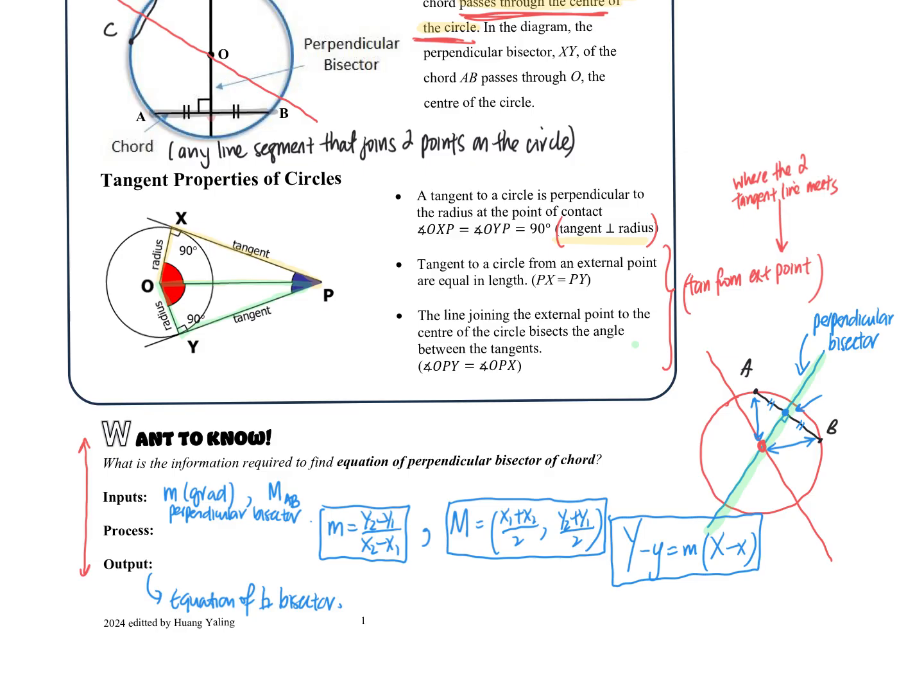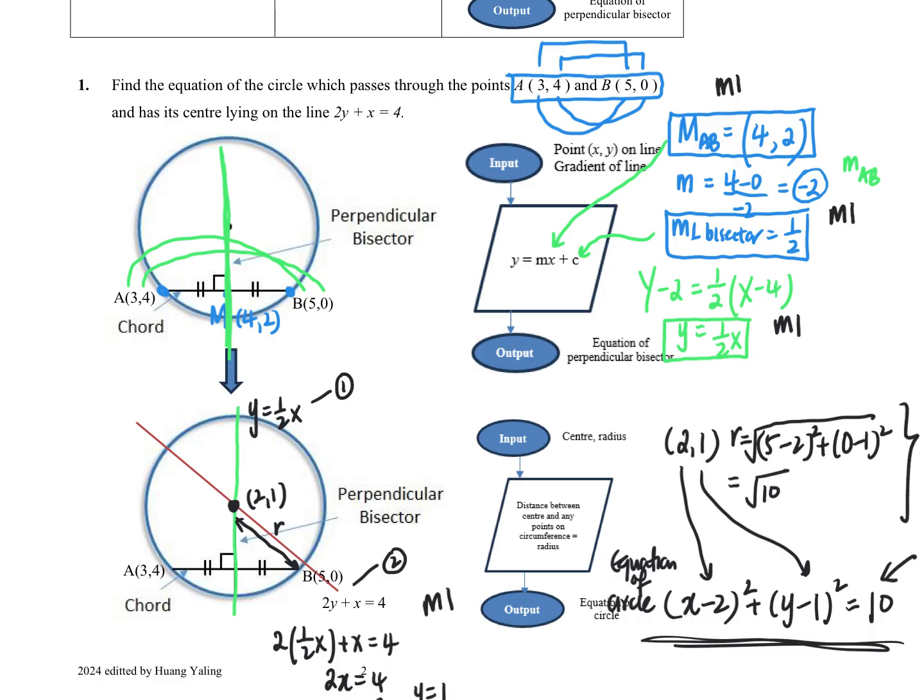So this is a crucial thing. It asks you to find the equation of the circle, but in order to do that, you need to first find the equation of the perpendicular bisector, because you need the center and radius. To get the center and radius, you need the perpendicular bisector line to find the intersection between the two lines.